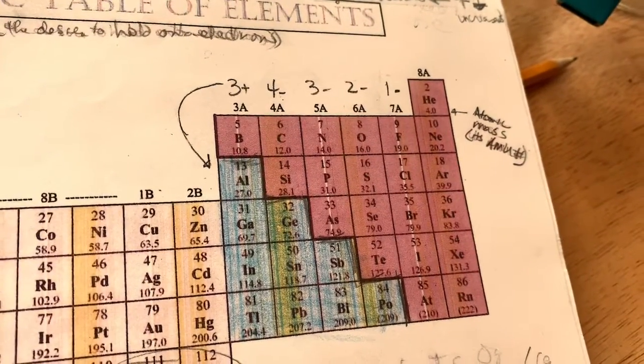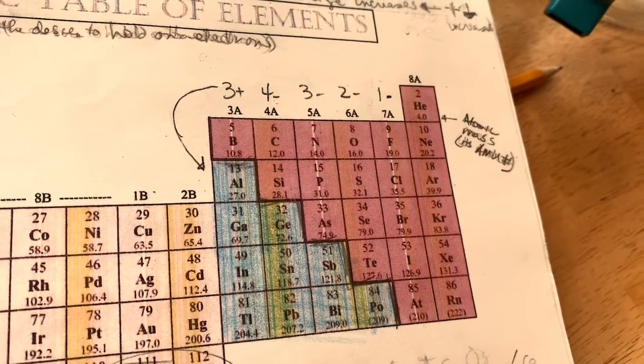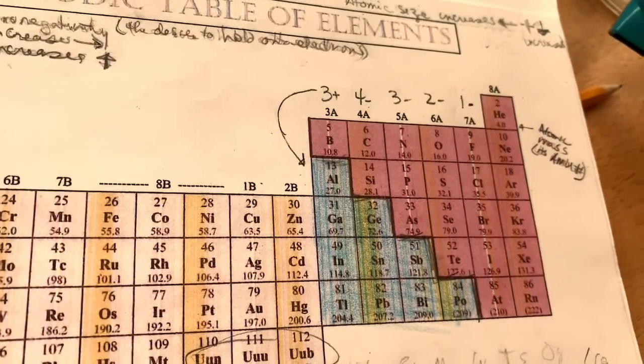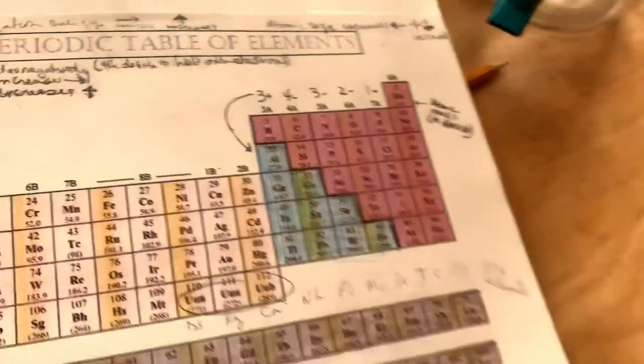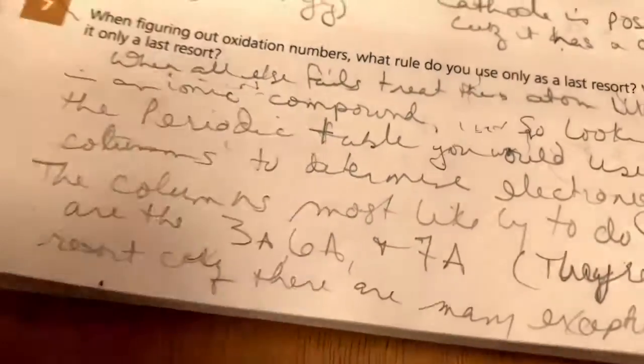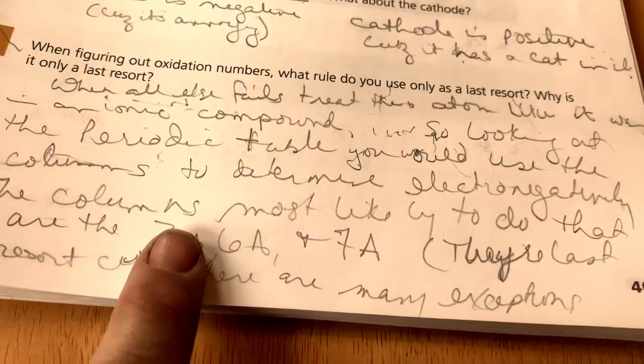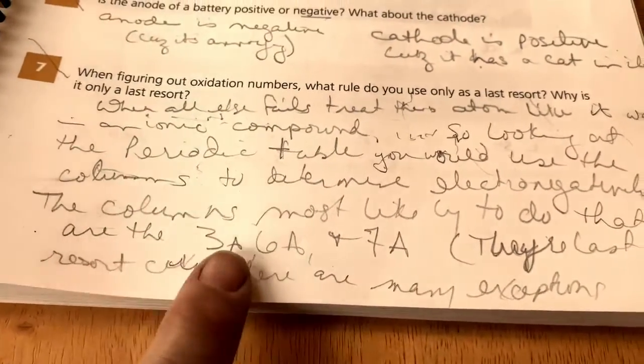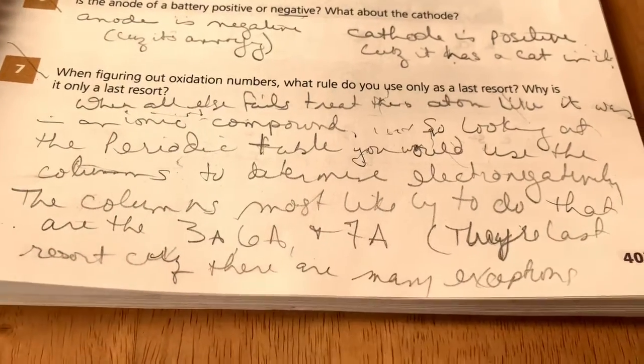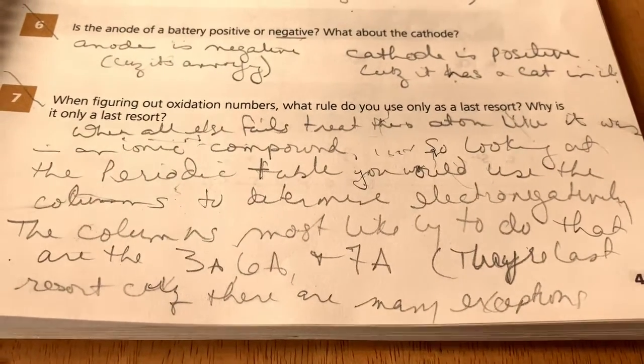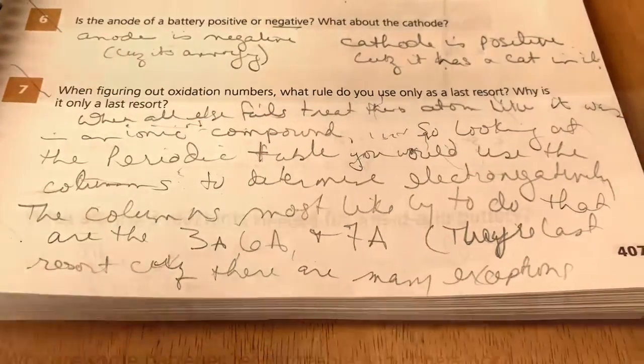At the top of the columns, there are our numbers of electronegativity, and we can use that if we absolutely have to. The columns that are most likely to be successful at that are 3A, 6A, and 7A. And it's a last resort because there are so many exceptions.